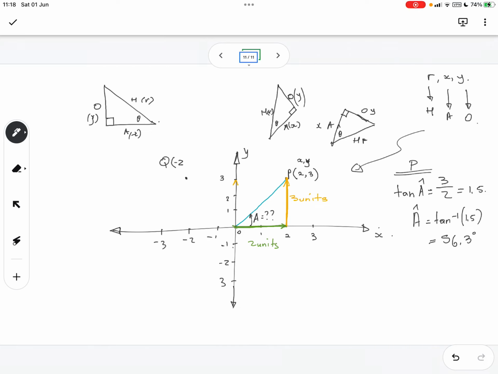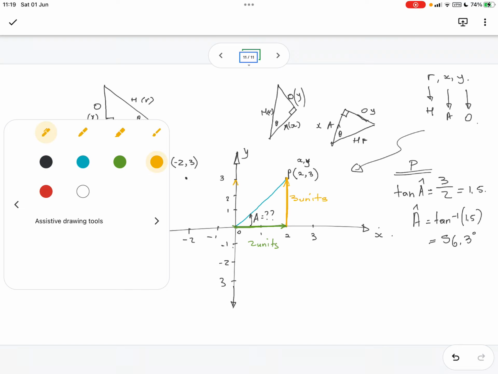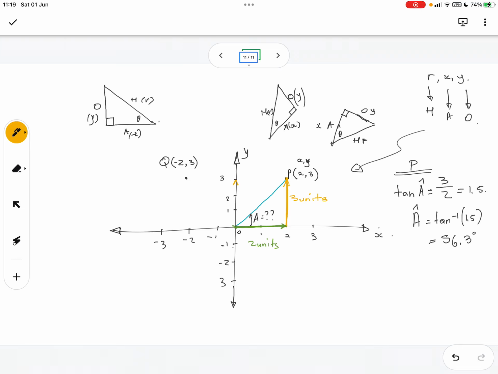So that means only the x value changes to a negative value, but the y value remains consistent. So that means to go up from the x-axis where x is -2 to where y is 3, you go up 3 units, like in point P. And to go to 0 to the point -2, you go -2 units.